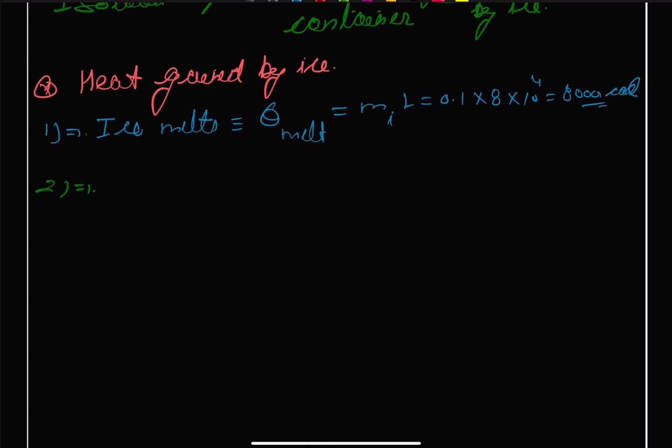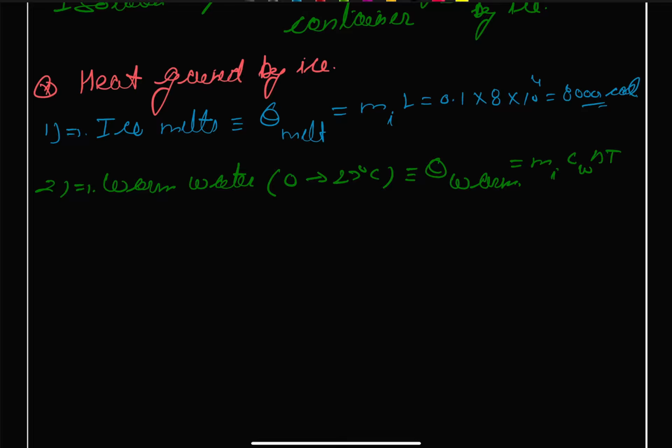And we can say that warm water from 0 to 27 degrees centigrade, let us call this Q warm, and this Q warm will be equal to mass of ice, specific heat of water, and temperature difference.